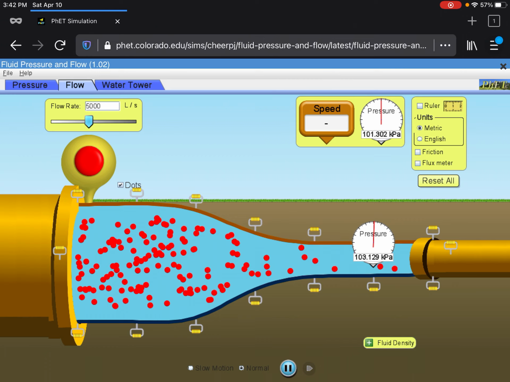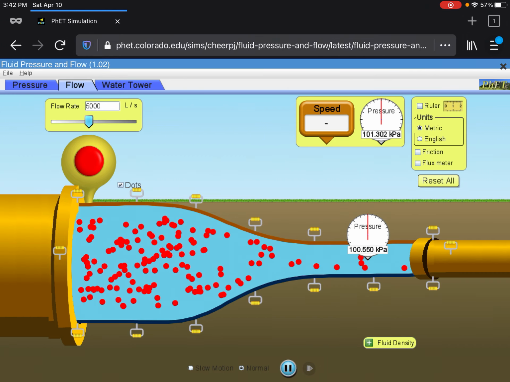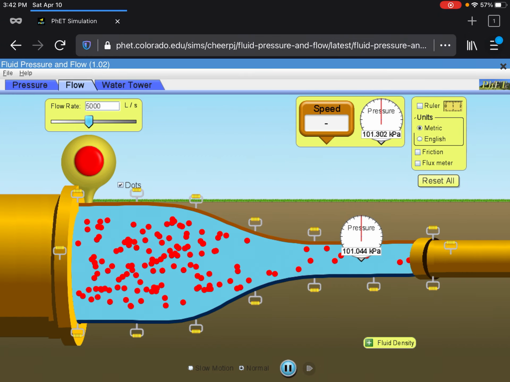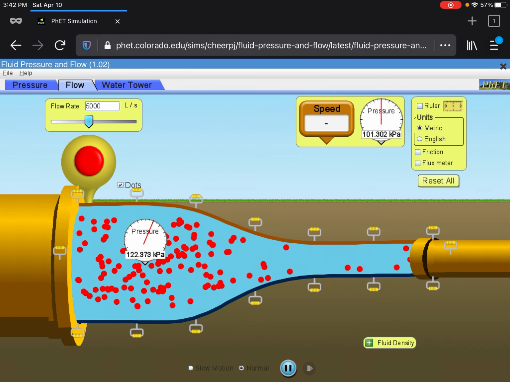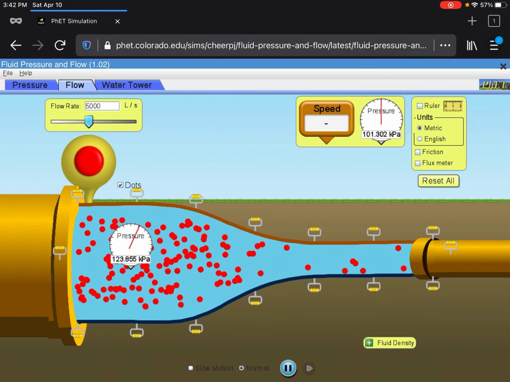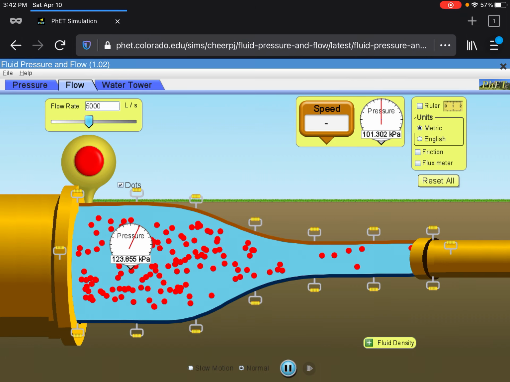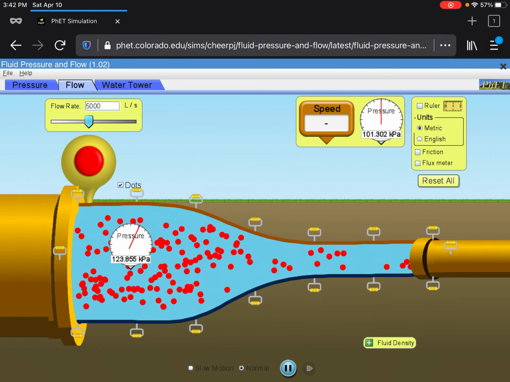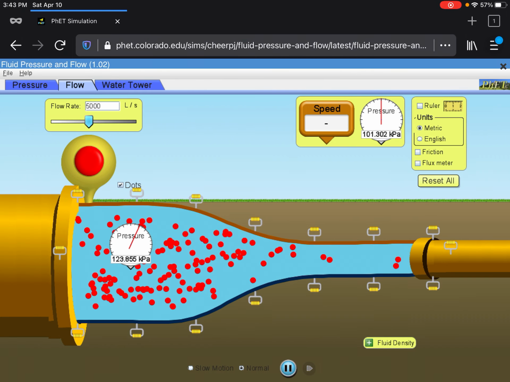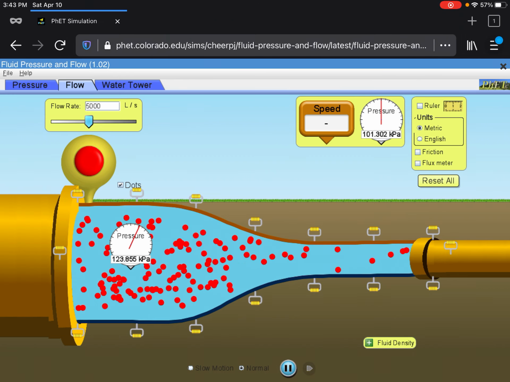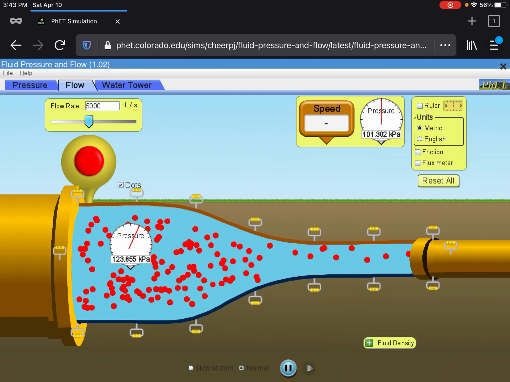But over here, the pressure is less than that, only about 100 kilopascals. So what we see is that the slow-moving water is at high pressure and the fast-moving water is at low pressure. And it's actually that pressure difference that speeds the water up, that helps the water get going.